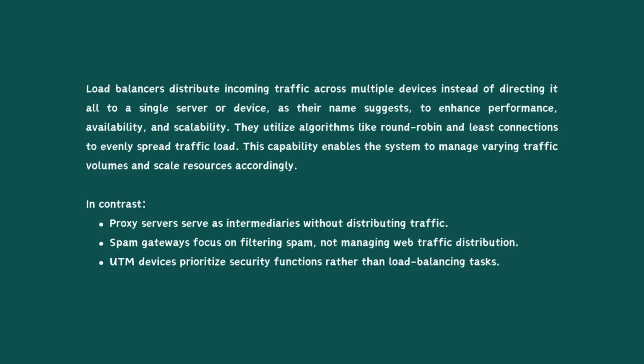This capability enables the system to manage varying traffic volumes and scale resources accordingly. In contrast, proxy servers serve as intermediaries without distributing traffic. Spam gateways focus on filtering spam, not managing web traffic distribution. UTM devices prioritize security functions rather than load balancing tasks.